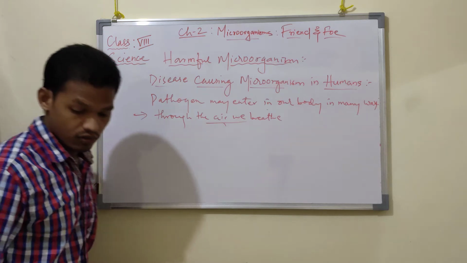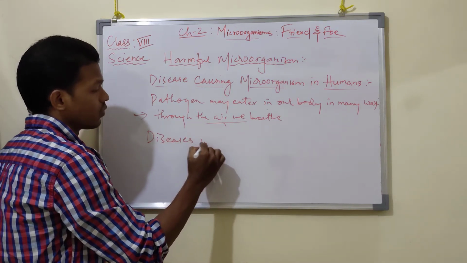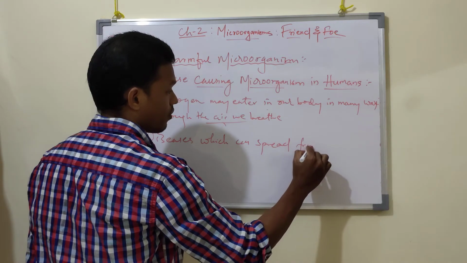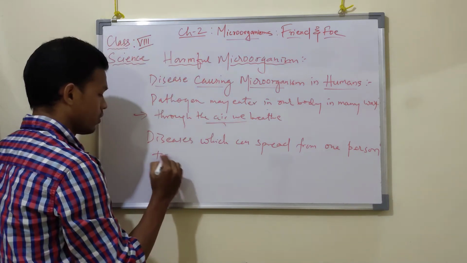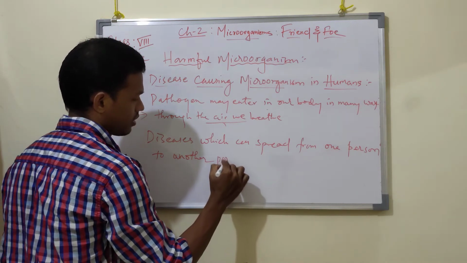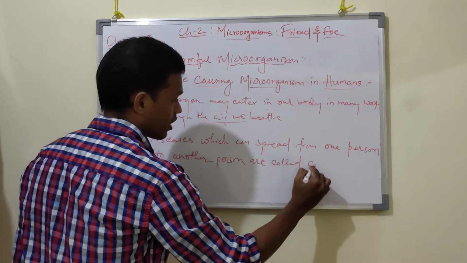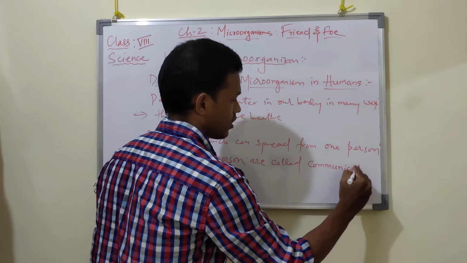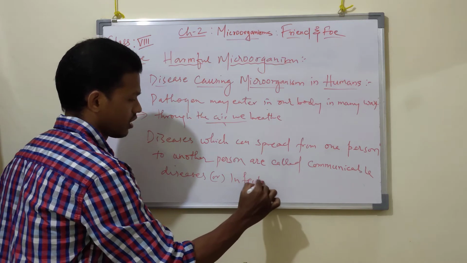They are called communicable diseases. Diseases which can spread from one person to another person are called communicable diseases, or we can say infectious diseases.